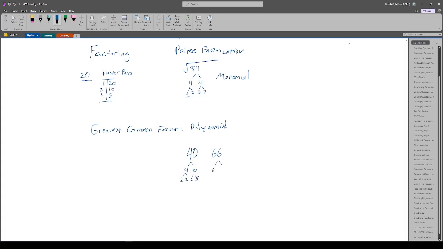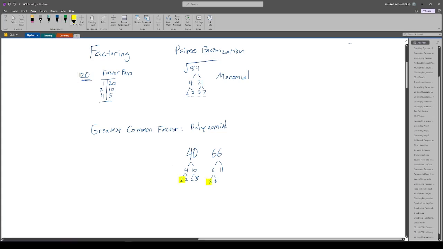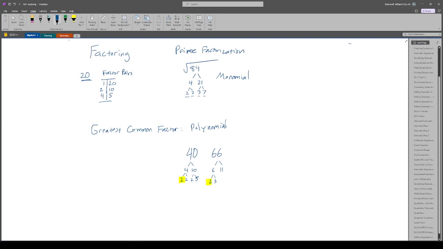For 66, I can do 6 and 11, then 2 and 3. Looking through my list of prime factors, if I find any that they share, like this 2 and this 2, that would be a common factor. Both of them have 2 as a factor, but that's the only one. So their greatest common factor, the GCF, is just 2.